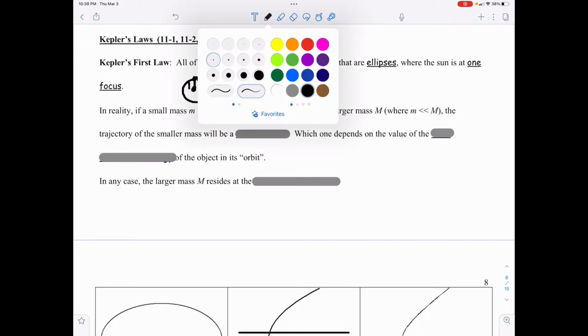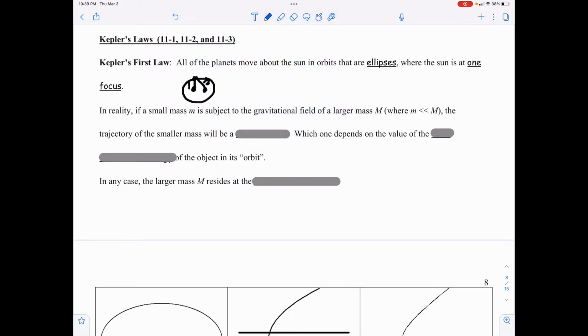Pathway 1 and pathway 2 will always add up to the same amount no matter where you are on the ellipse. So for instance, if I added up this point plus this point, that would be the same as 1 plus 2 on the other side. So the sum of the distances to any point on the edge of an ellipse from both foci is constant. That's what creates an ellipse.